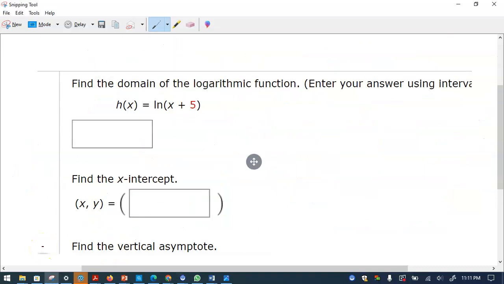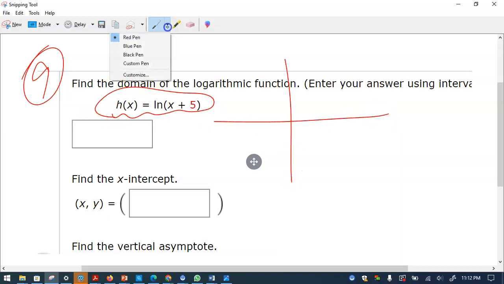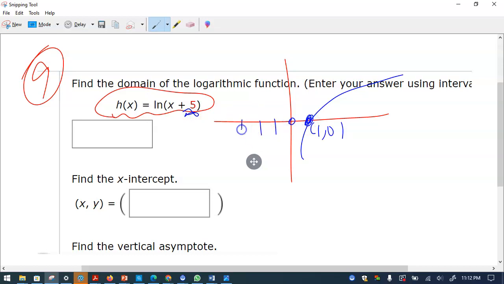Now question number 9, a similar type of question. The only difference is, it's the same thing. Remember the ln of x graph. This was the ln graph which passes through 1, 0. But because there is a plus 5 here, this goes to the left. 1, 2, 3, 4, and 5. So that means this is minus 4. So this part goes right here.